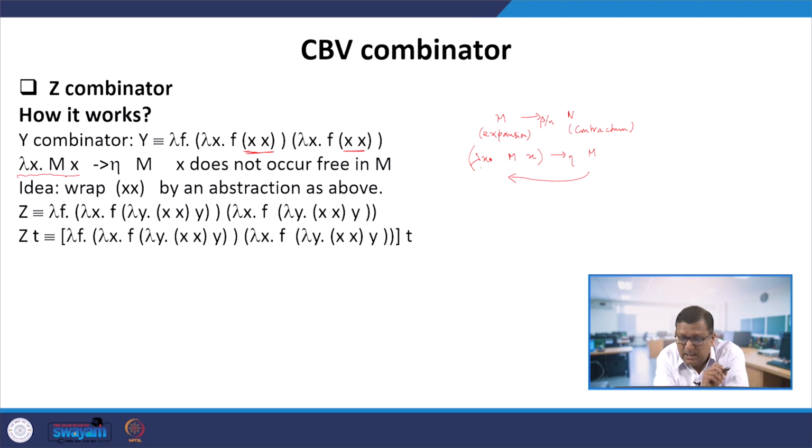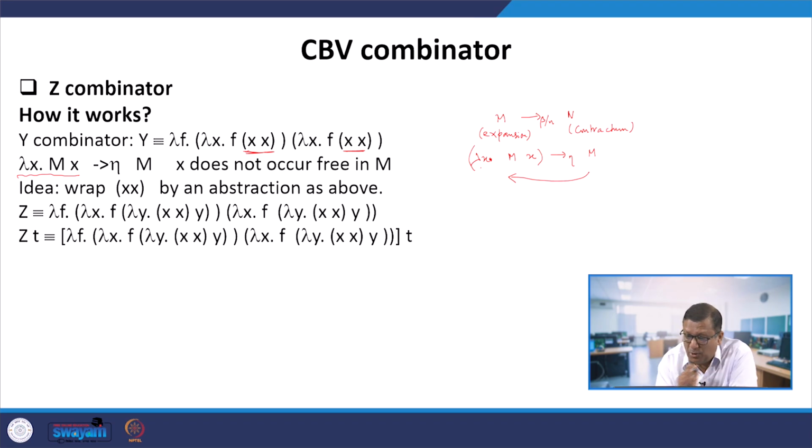Now if we look at it very carefully, what is the difference between λx.mx and m? In λx.mx, we cannot see m unless an argument x is applied. That means m is not exposed. Unless we apply that argument x, m will not be exposed, as we studied.